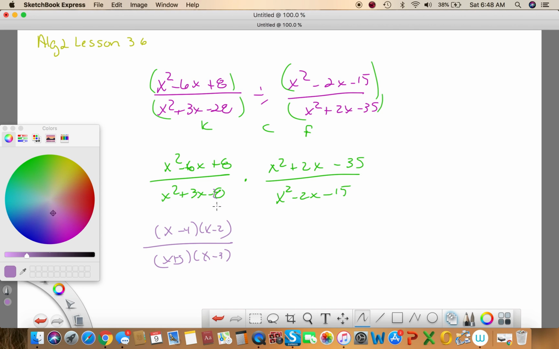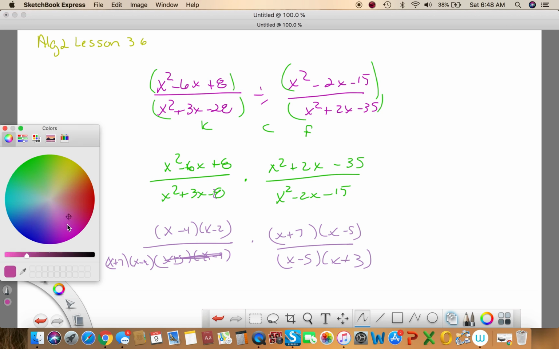I was like, this didn't make sense, which is 4 and 7. So this becomes x plus 7 times x minus 4, times x plus 7 times x minus 5, all over x minus 5 times x plus 3.